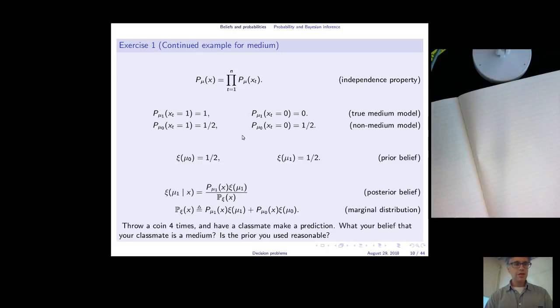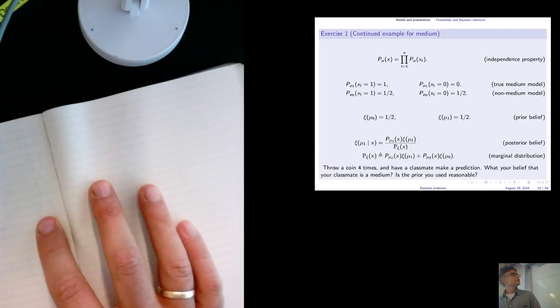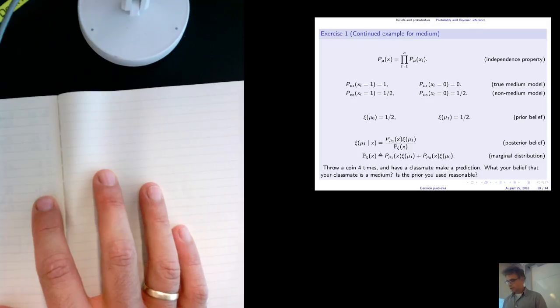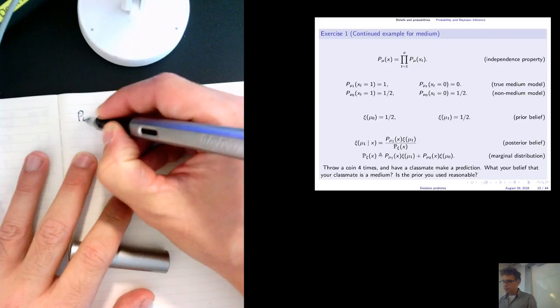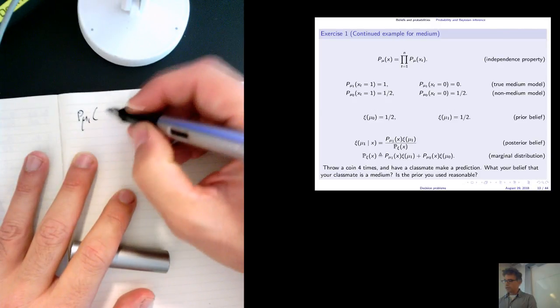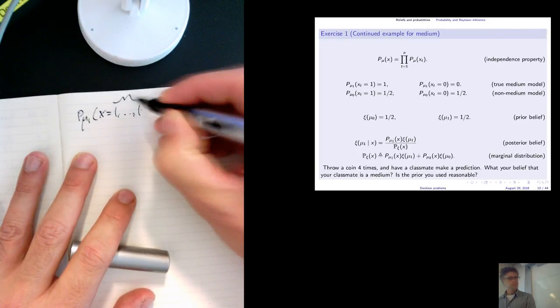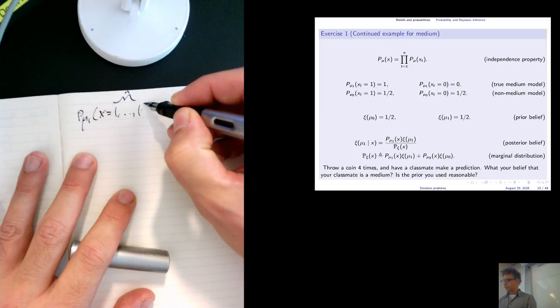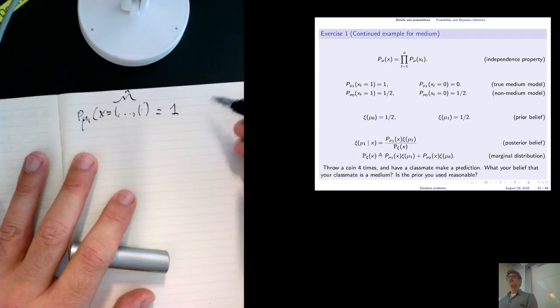So let me go through that a bit. What you have basically is two models, and one model says that John is a medium. If he correctly predicts n times, x, this has the probability 1, because under the model where he is an actual medium, he has to always predict perfectly.